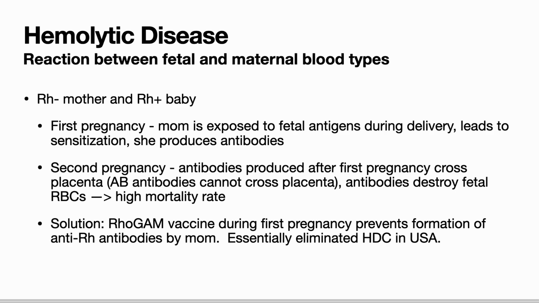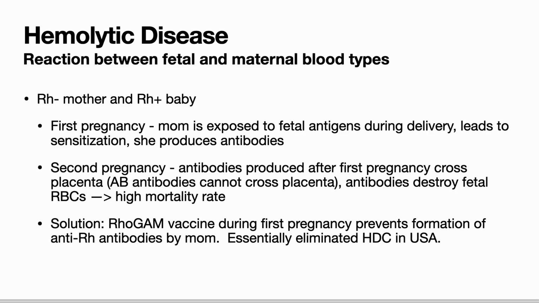So the issue is that if mom is Rh negative, then she will form antibodies in response to Rh positive factor if her immune system sees it, so to speak. So if dad is Rh positive and baby inherits the gene from dad, mom's immune system may be sensitized during labor and delivery. And as a result, she will produce antibodies.